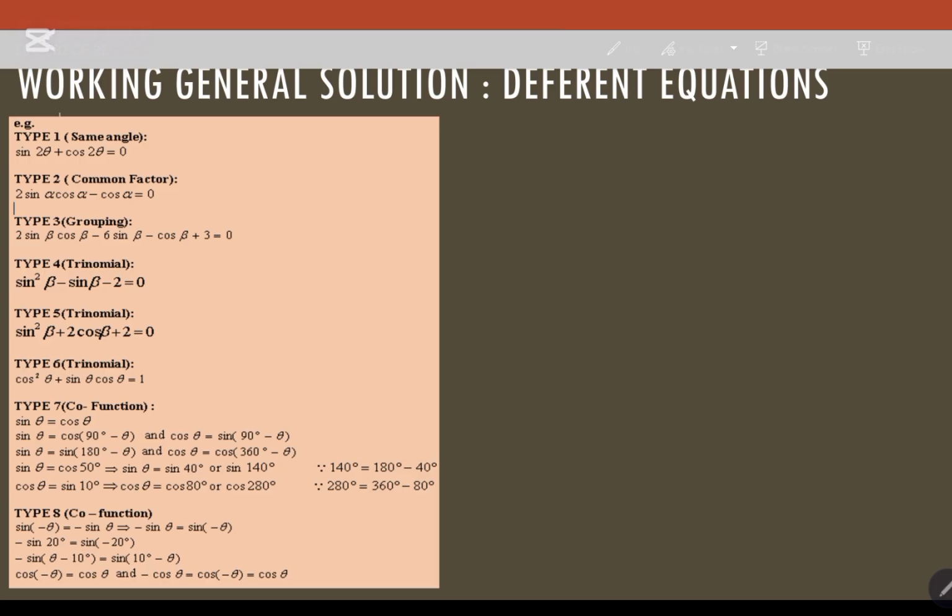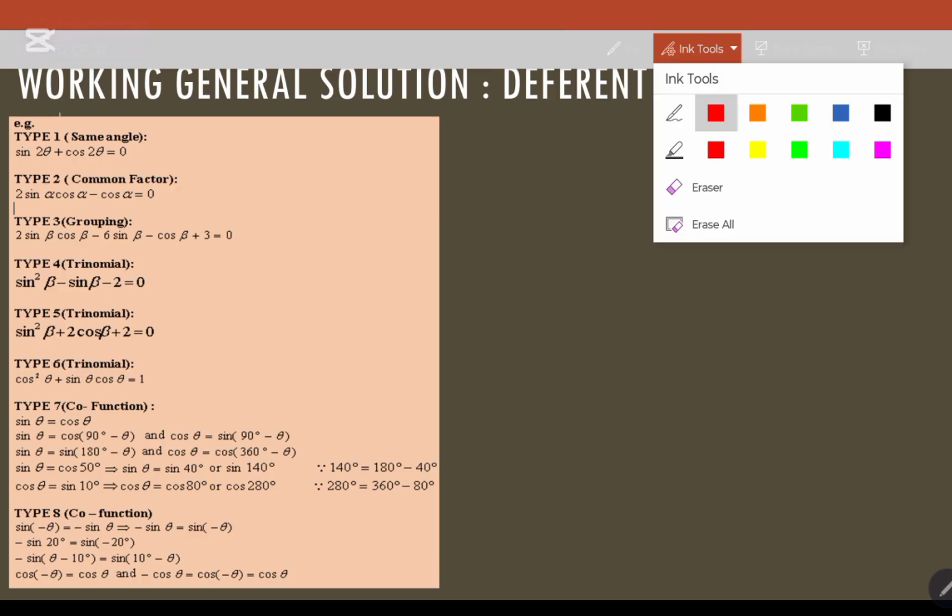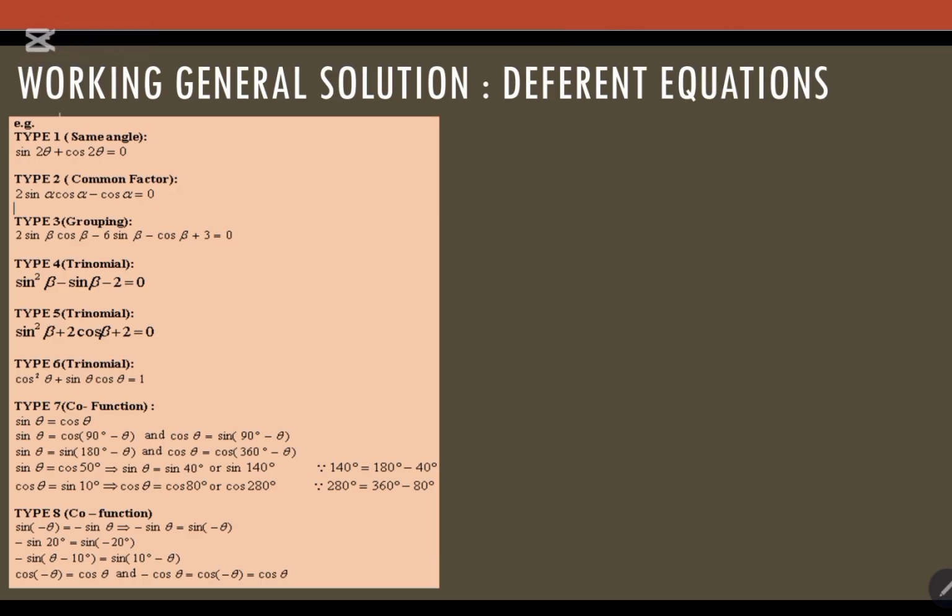Let us now look at type 6. Type 6 is another form of a trinomial. So we're given cos squared theta plus sine theta cos theta is equals to 1.